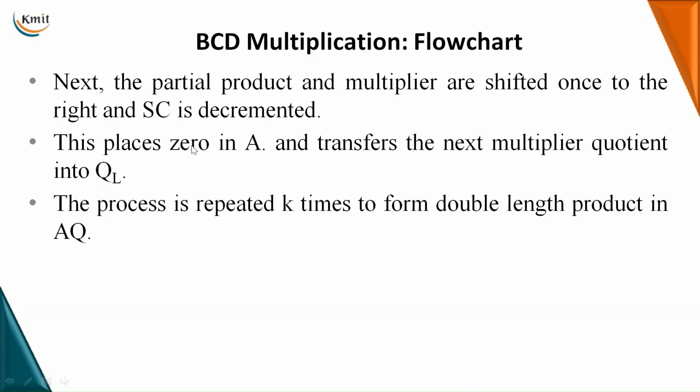Whenever you perform a decimal shift right, you place a 0 in A and transfer the next multiplier digit into QL. Since the sequence counter is initialized to k, this process has to be repeated k times to form a double length product, which is stored in AQ. So this is the flow chart of the multiplication algorithm.